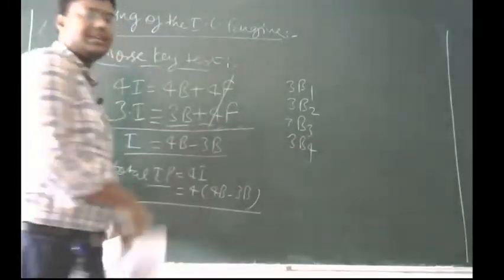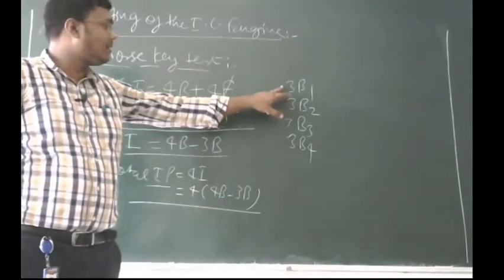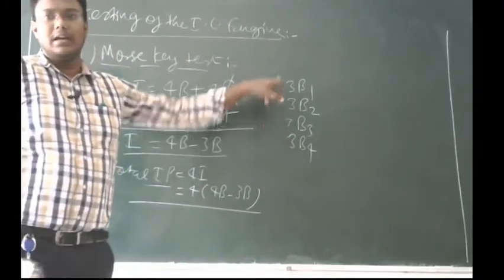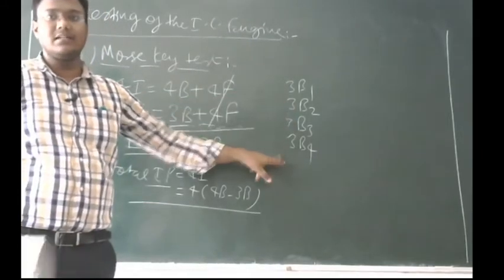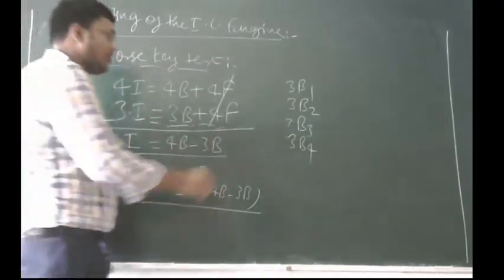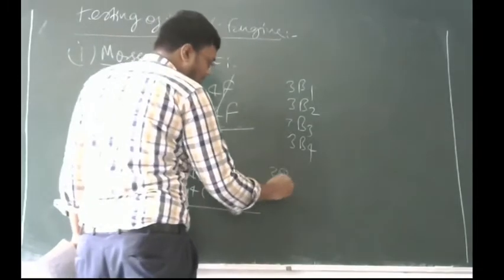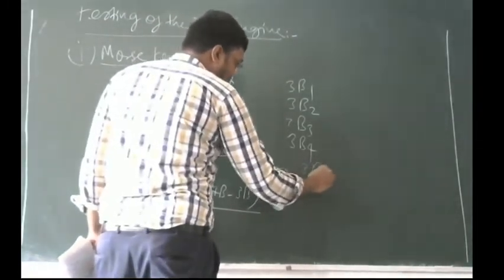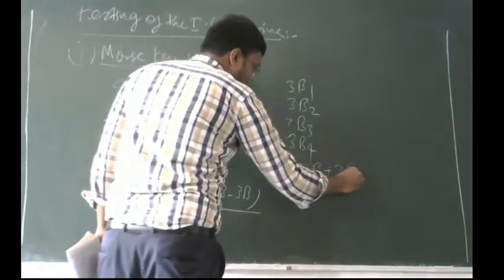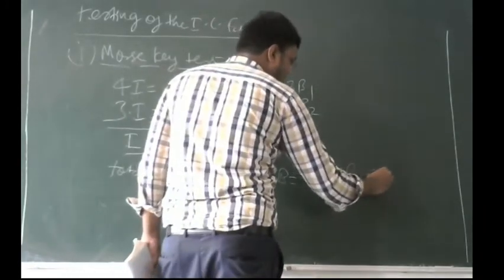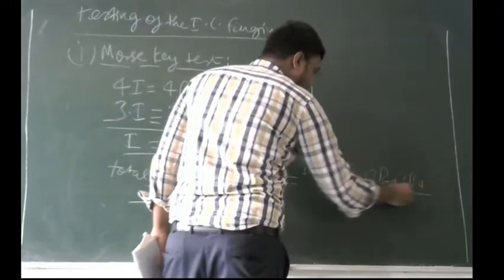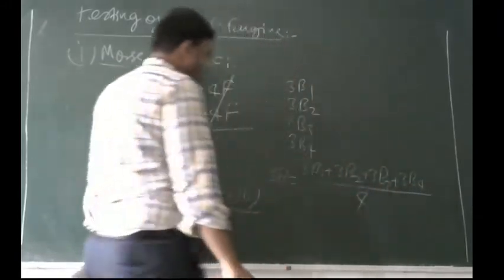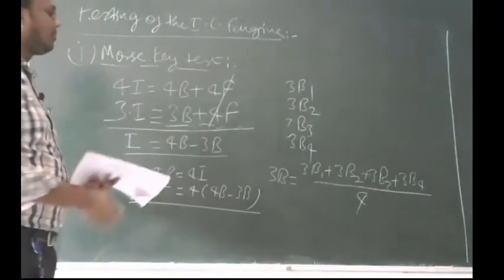These are the brake powers by 3 cylinders in every test. Now we find the average of all these tests: 3B equals (3B1 plus 3B2 plus 3B3 plus 3B4) divided by 4. In this way we get the average brake power by 3 cylinders.